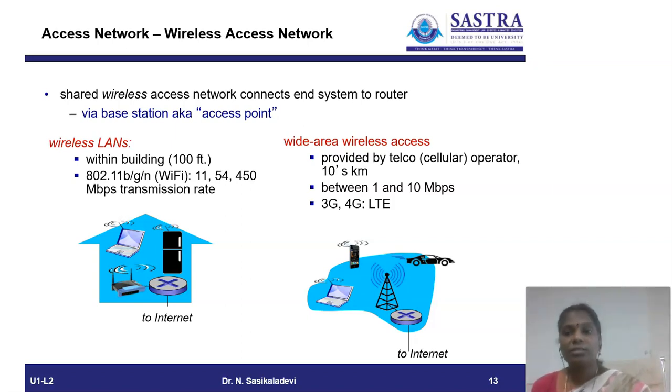For wide area wireless access, we can get connectivity from a telecommunication service provider, the cellular network, with speeds of 1 to 10 Mbps across different generations. That is dominating today's world. We'll talk more about the cellular network in later classes. So these are the different ways of accessing the internet. If you have any doubt, you can ask me now.